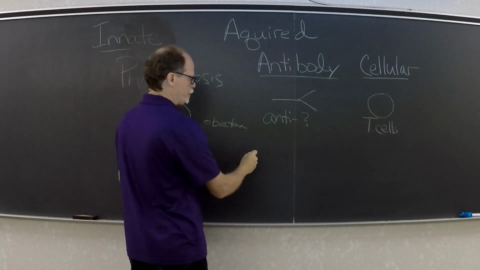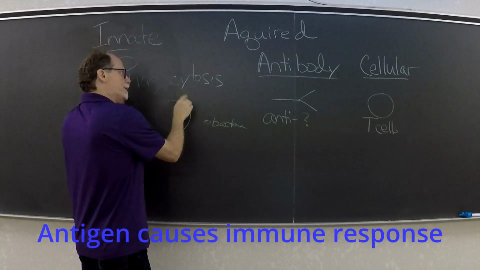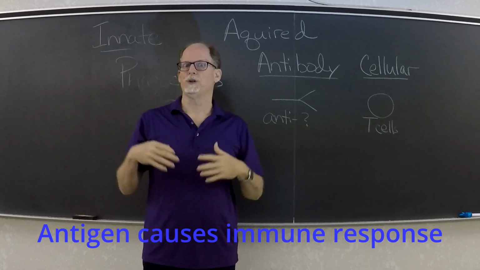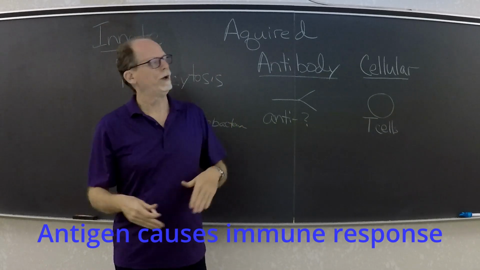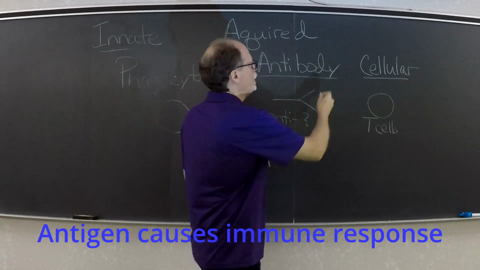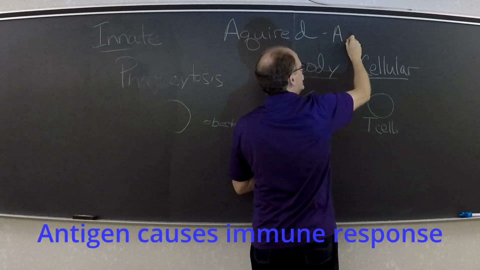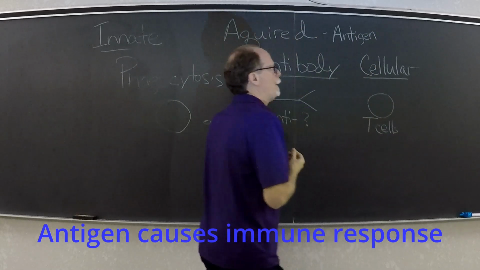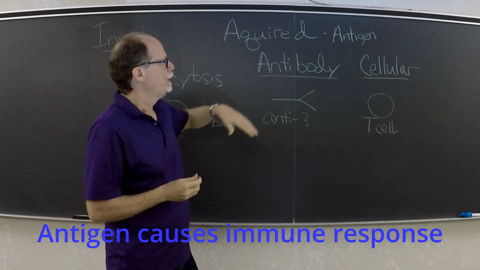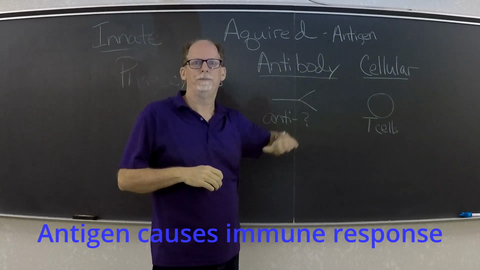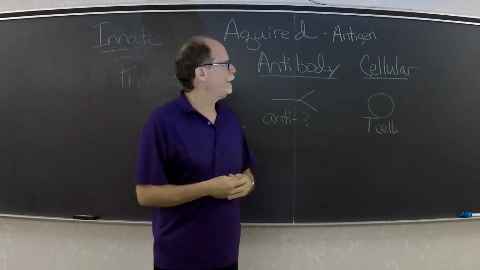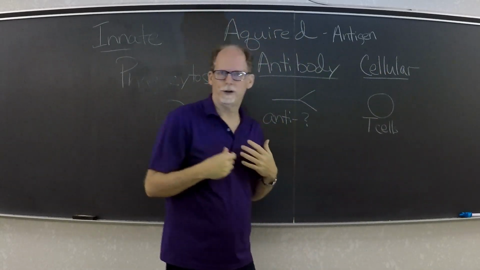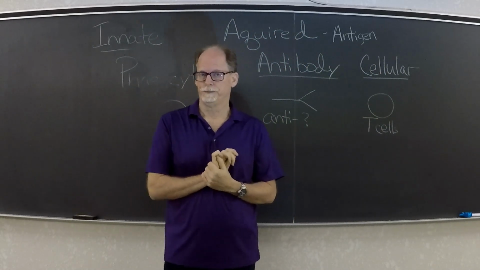on an antigen, where the innate is non-specific, right? So antigen is what makes the acquired immunity specific. An antigen is what this immune system is looking for. We normally think of antigens found on pathogens or bacteria that cause diseases.